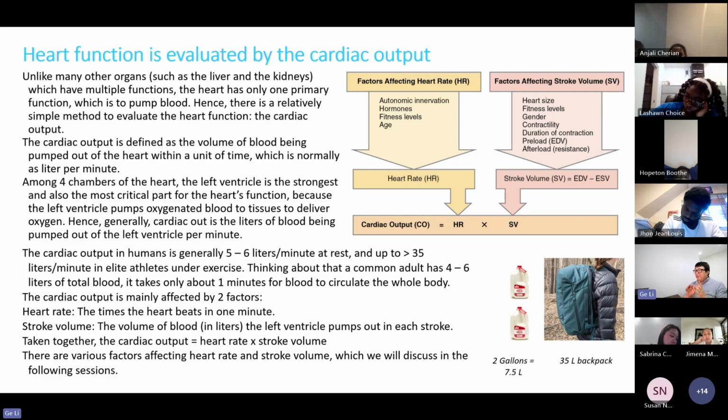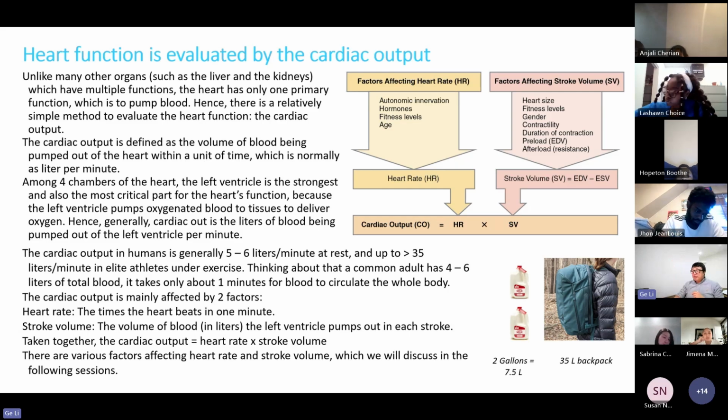And a very well-trained athlete can pump out more than 33 liters of blood out of the ventricle. What is 33 liters? This big backpack. A professional athlete can pump this amount of blood out of their heart, and the blood is circulating very fast.